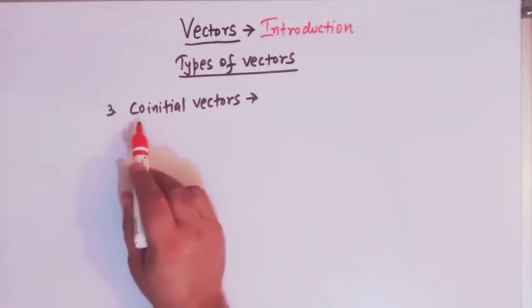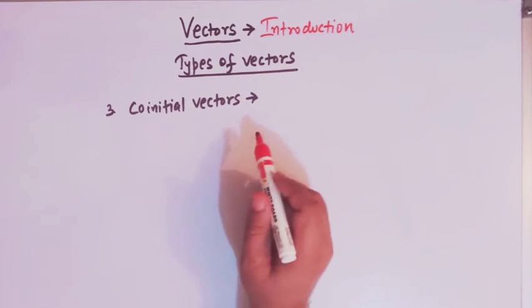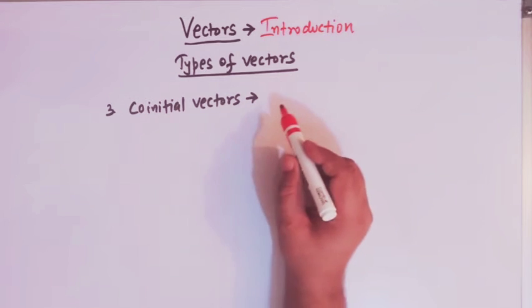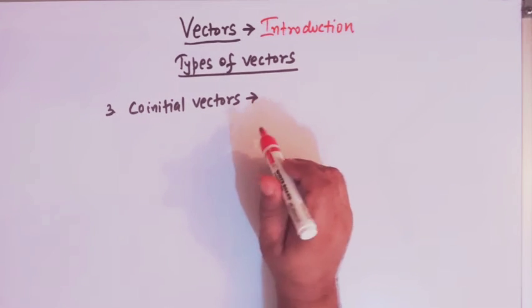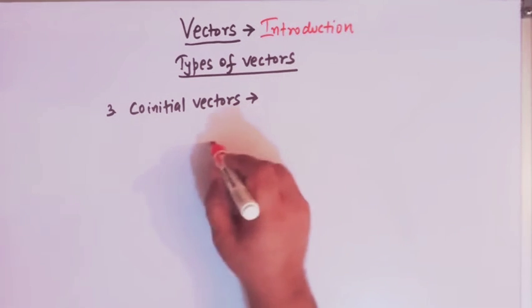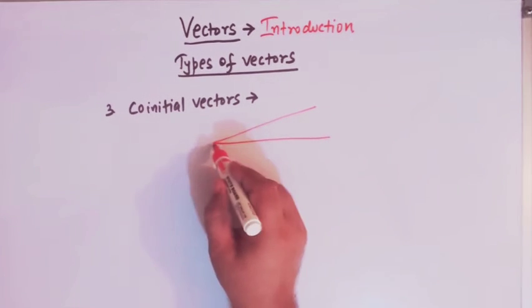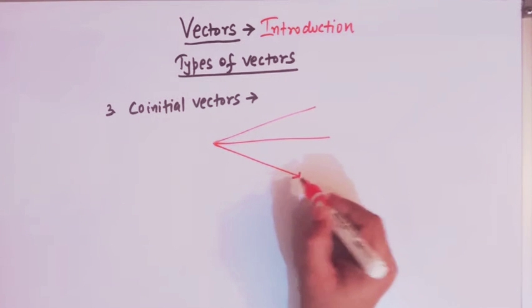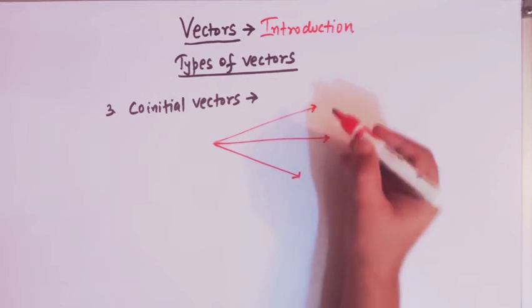Now let us take co-initial vectors. So what are co-initial vectors? Two or more vectors having the same initial point are called co-initial vectors. For example, suppose we have here 3 vectors.